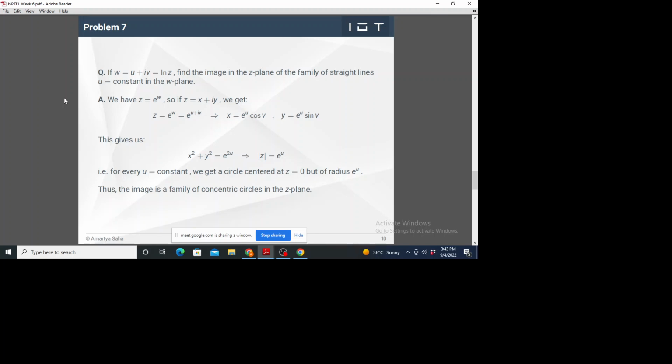So in the W plane we are given some family of straight lines, U equal to constant, and we have to find the corresponding image in the Z plane under this transformation W equal to log Z.